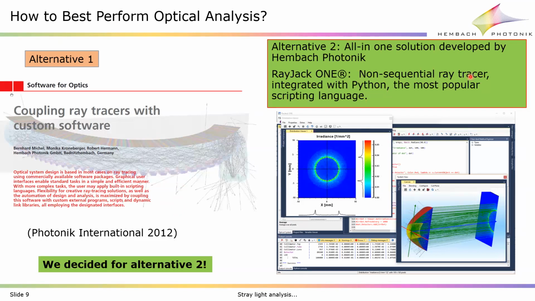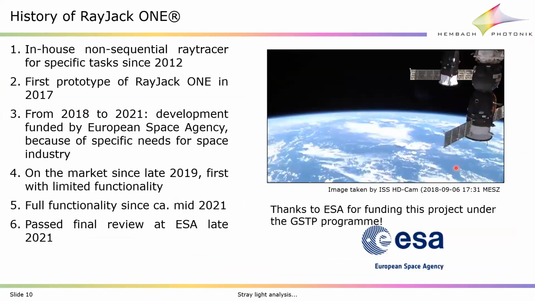The second alternative is to write a software which is completely inside Python. And RayJack ONE is such software. It is a non-sequential ray tracer integrated with Python so that you can do everything, the ray tracing and all the analysis, within one environment, making it very, very efficient to work with that software.